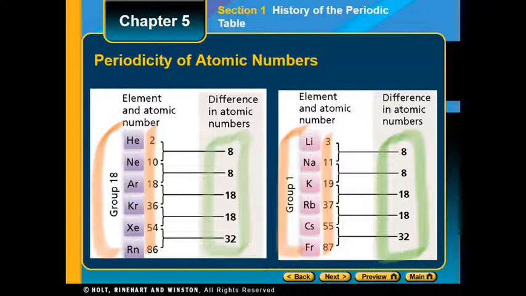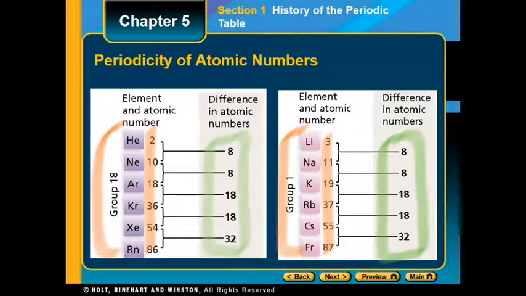If you pick other groups, groups 2, 13, 14, 15, you'll see this pattern. Even if you pick groups within the D block, you're still going to see the patterns of 18, 18, 32, and 32, especially if you add on all the newer elements at the bottom. So again, that is a repeating pattern.